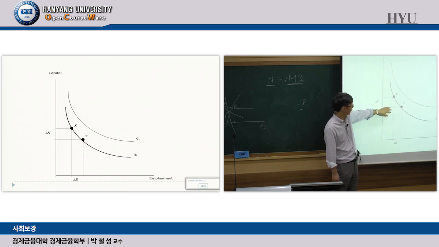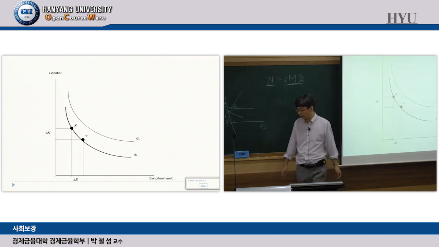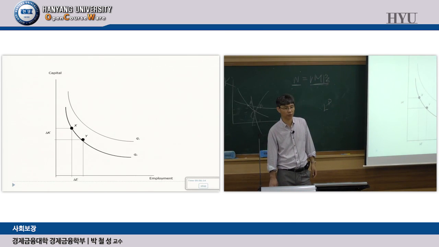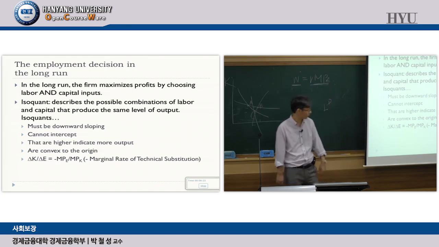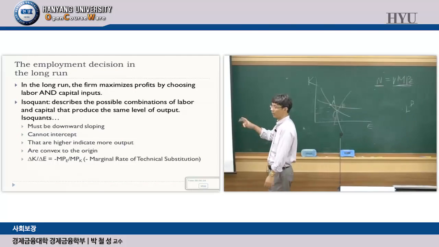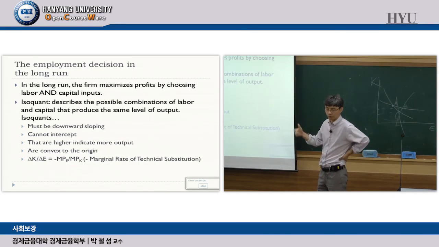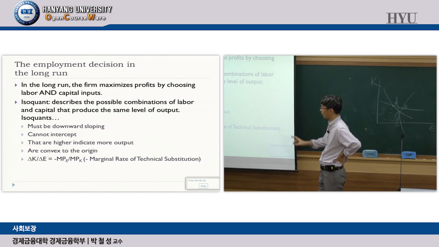And that ratio is called the marginal rate of technical substitution, MRTS. It's just the ratio that lets this firm produce the same output, by how much they have substituted each other. So that is actually the same as the ratio of marginal product of labor to marginal product of capital.